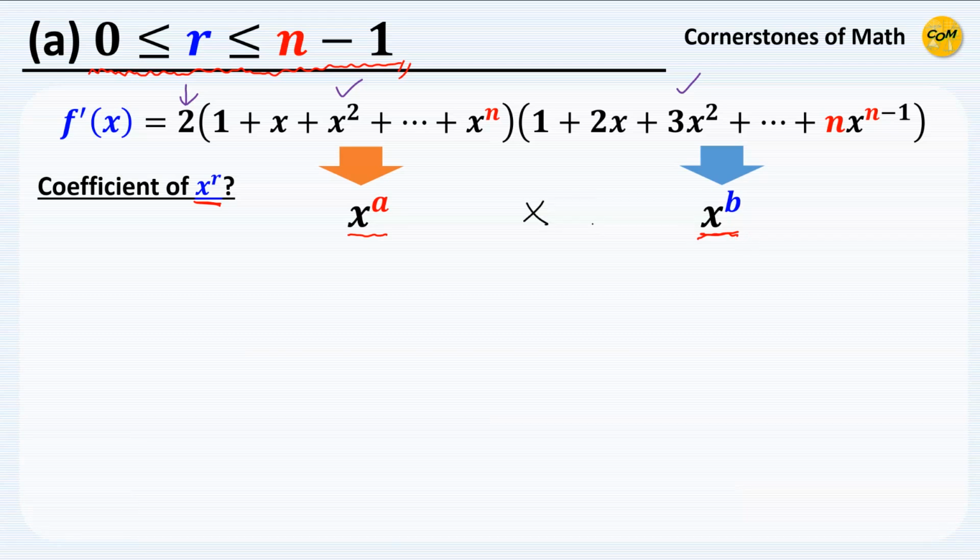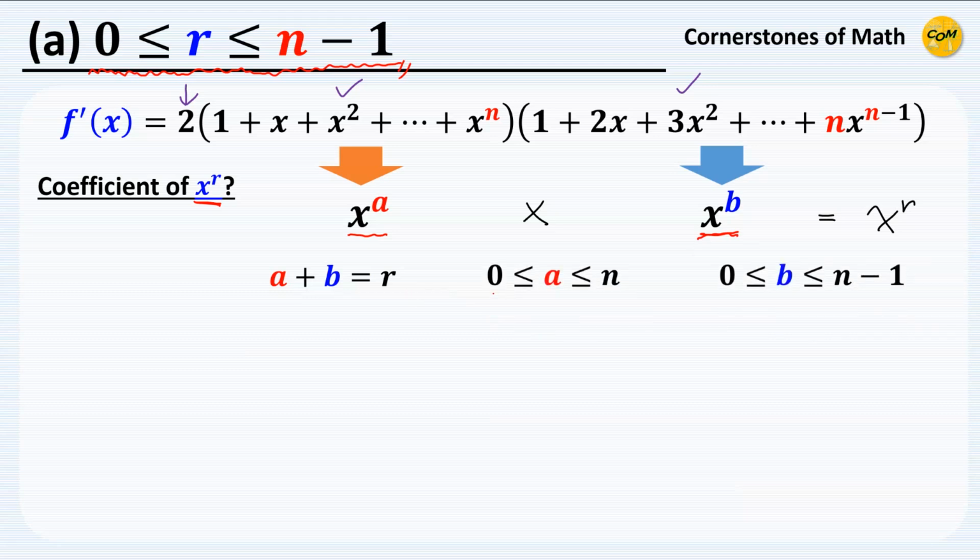The product of these two terms must give the x^r term. So a and b are constrained by the condition a + b = r. Moreover, their values are limited to a from 0 to n and b from 0 to n minus 1.